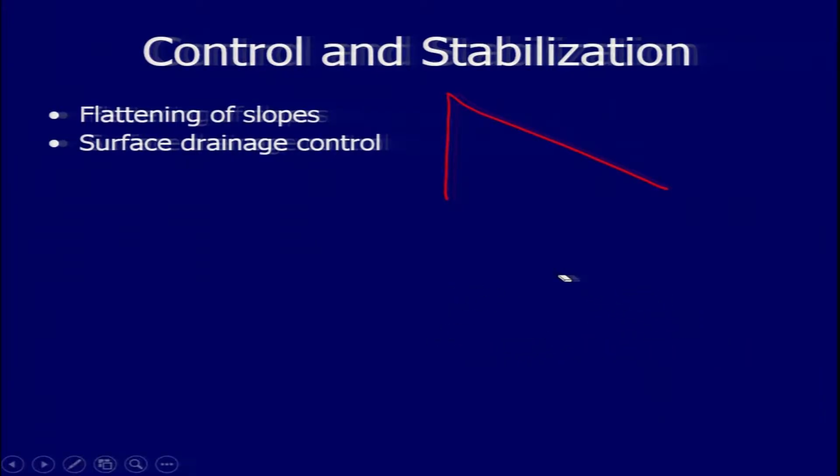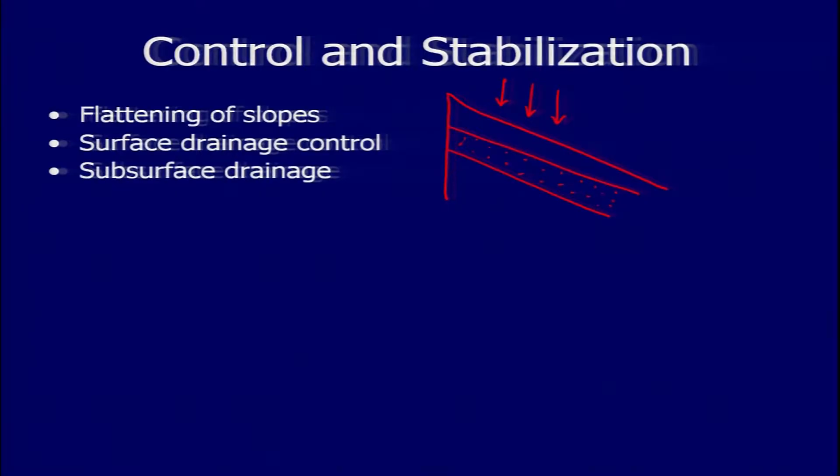So, if you are having inclined strata, then you have this accretion here, and this is what we call the vulnerable unit, which can slip in future if it becomes saturated. So, the best way is to remove the water as soon as possible through the slope, so you are not allowing the water to percolate.